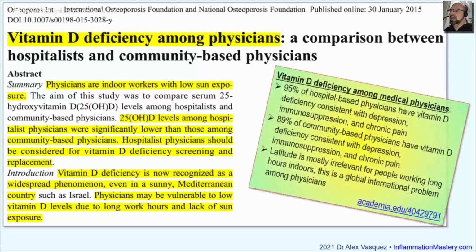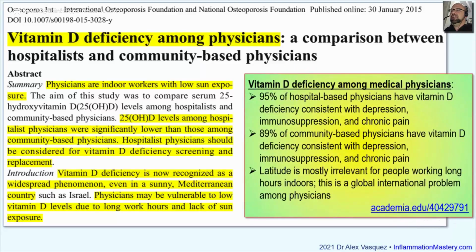Here's an article published by the International Osteoporosis Foundation in 2015 showing vitamin D deficiency among physicians. 95% of hospital-based physicians have vitamin D deficiency, consistent with depression, immunosuppression, and chronic pain, whereas 89% of free-range physicians outside of the hospital also have vitamin D deficiency. Not surprisingly, latitude is mostly irrelevant for people working long hours indoors. Again, this is a global international problem among physicians.